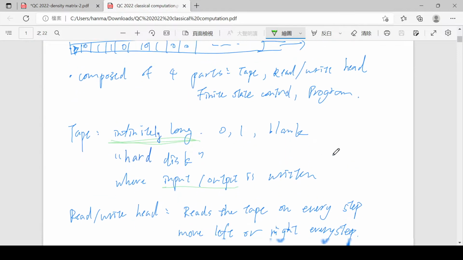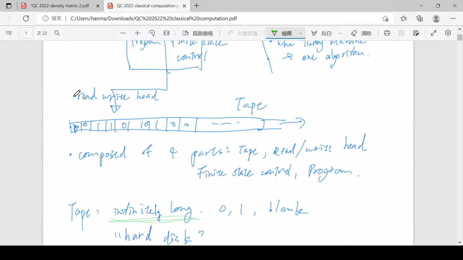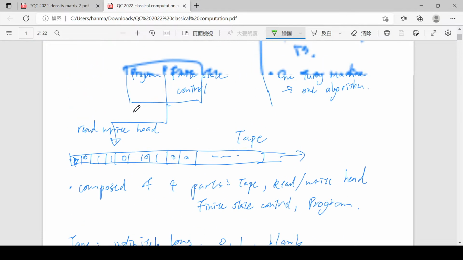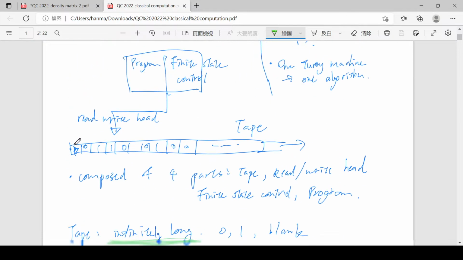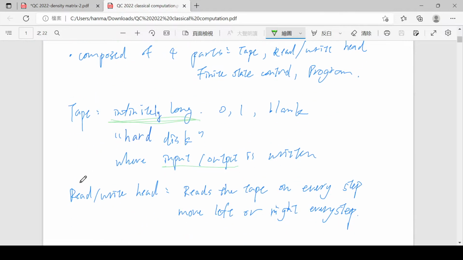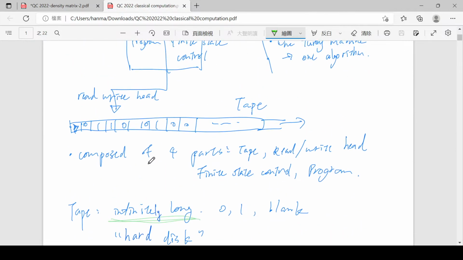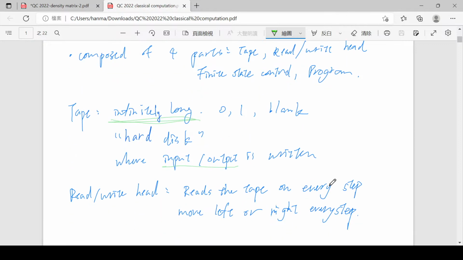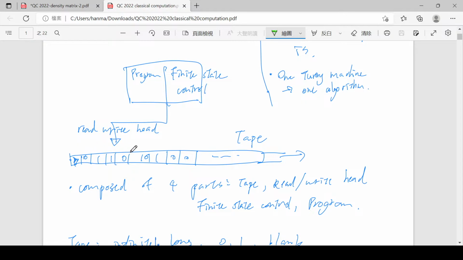Okay. And then there's a read-write head. This is an important part of the Turing machine, but it's really mechanical. There's not too much theory here. As we said, it can read on the tape, it can read where it's at. You can write 0, 1 or blank on the tape, and you can also move.